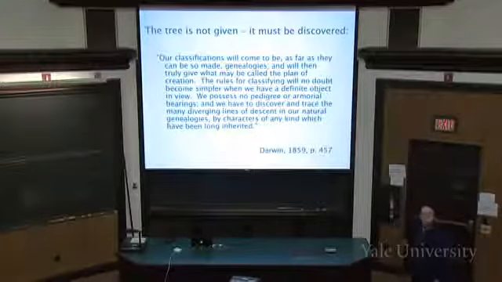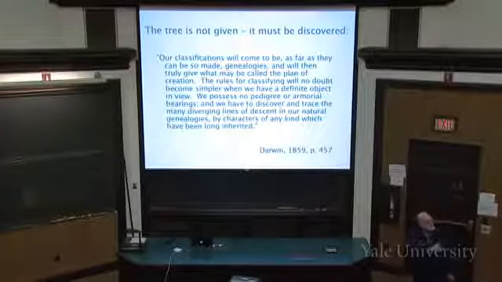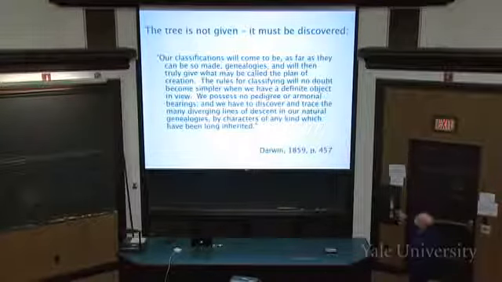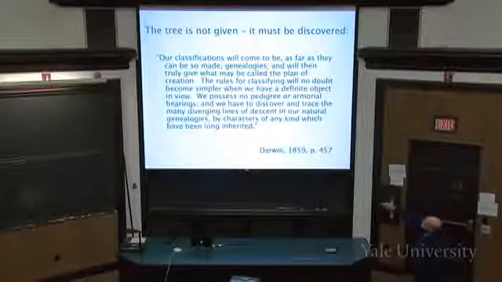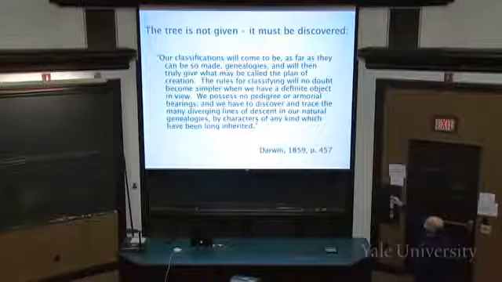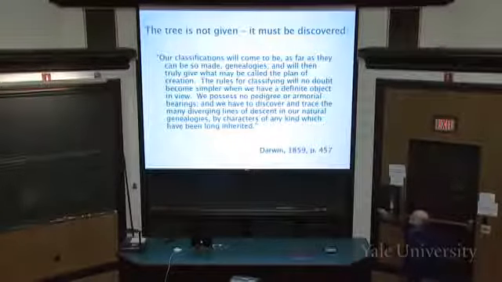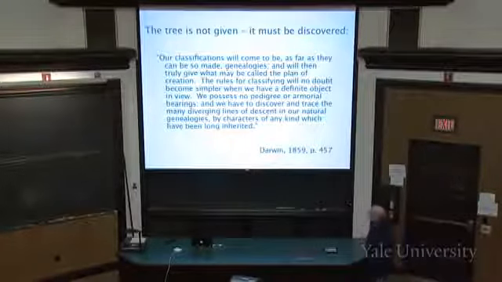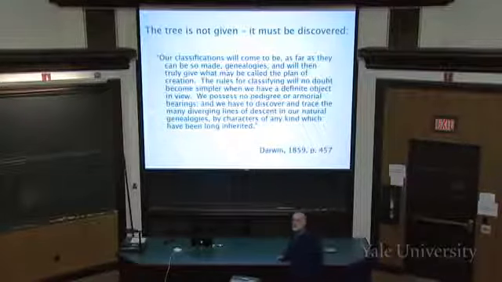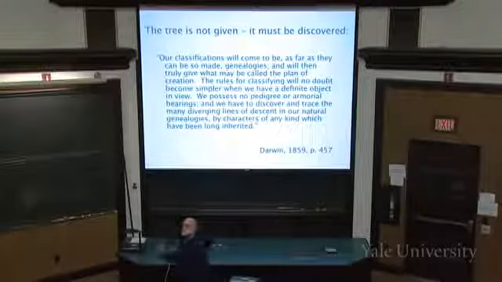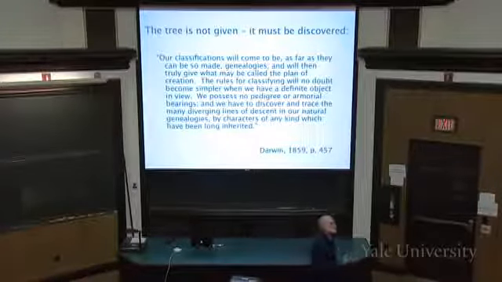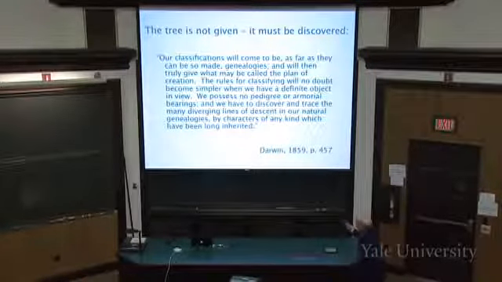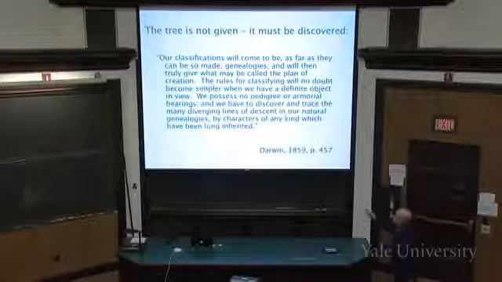So they will reflect what actually happened in terms of evolutionary history to generate relationship. And then they will truly give what may be called the plan of creation. The rules for classifying will no doubt become simpler when we have a definite object in view. We possess no pedigree or armorial bearings. Okay, that's mid-19th century code for there's no barcode on the species. They're not wearing their name on the forehead, and they're not telling you who they're related to. So we have to discover and trace these diverging lines.